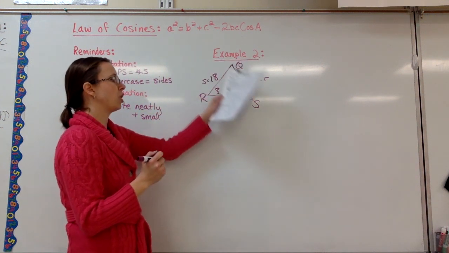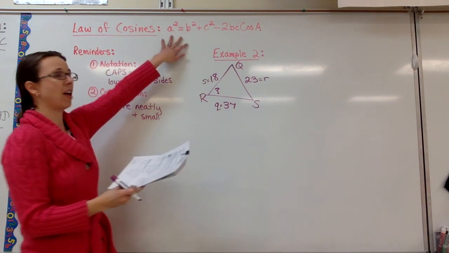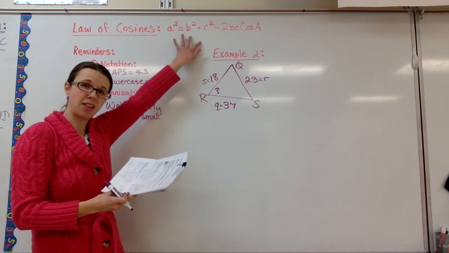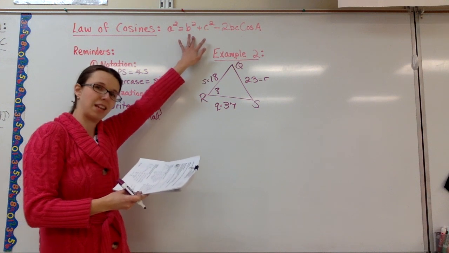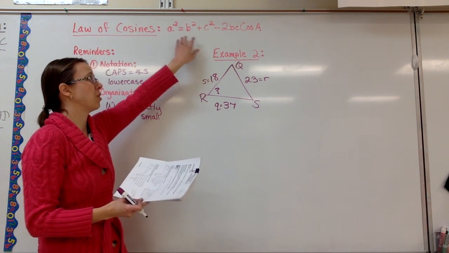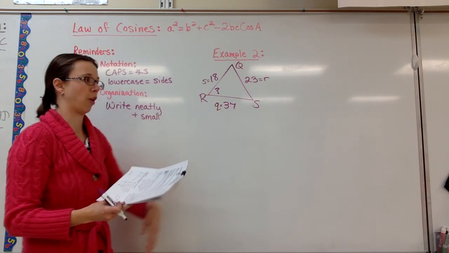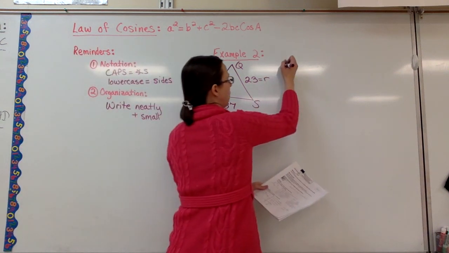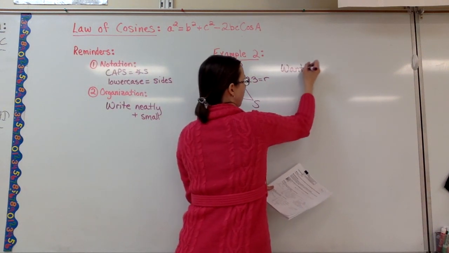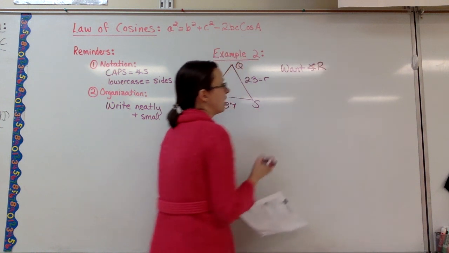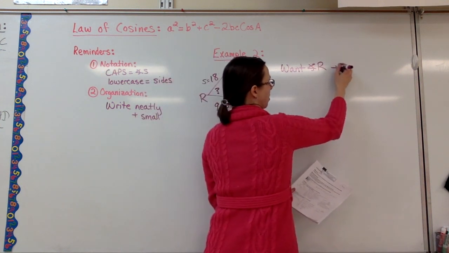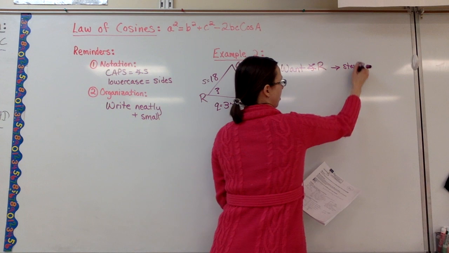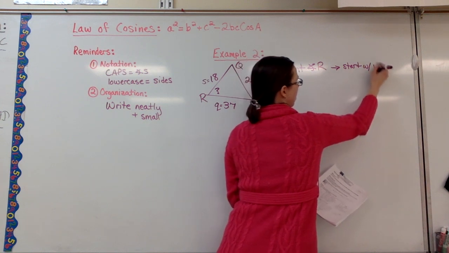So with triangle QRS, we obviously want to modify the law of cosines equation that we had from the very beginning of our videos because those aren't the right letters that we're working with anymore. So notice that what we want to find is angle R, and so what we want to start the equation with is r squared.